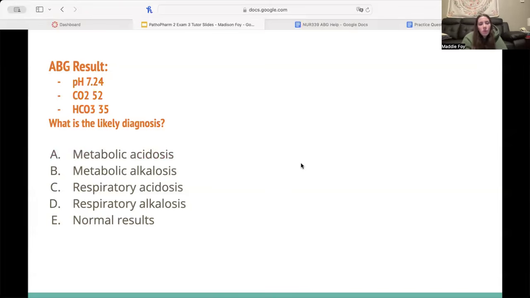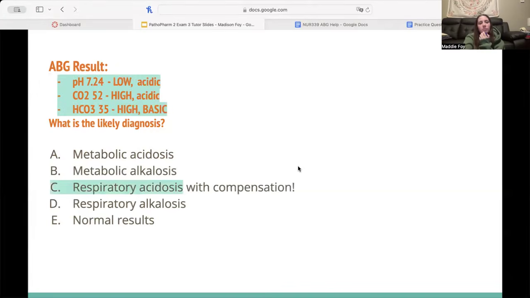ABGs are here. What is the likely diagnosis? You guys are quick. That one is C. I am happy you guys all got that because I did trick you a little bit, because all three values were abnormal.